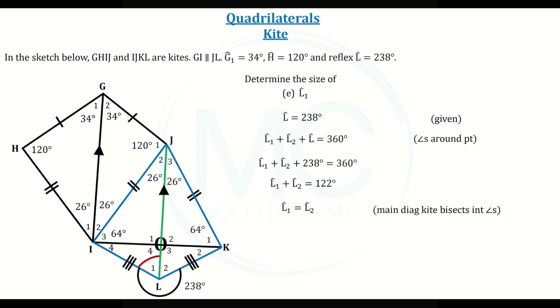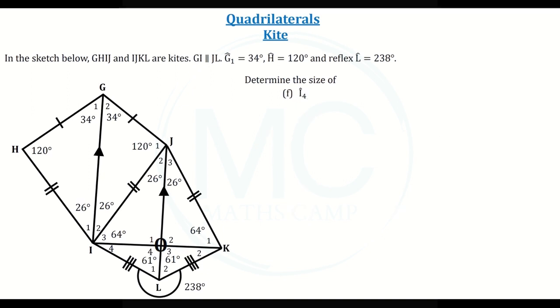So if the whole of angle L1 and L2 is equal to 122 degrees, then L1 and L2 must be half of 122 degrees. So we can see that L1 must be equal to 61 degrees. Now we can make our diagram black again. Let's put 61 degrees in for angle L1 and for angle L2.